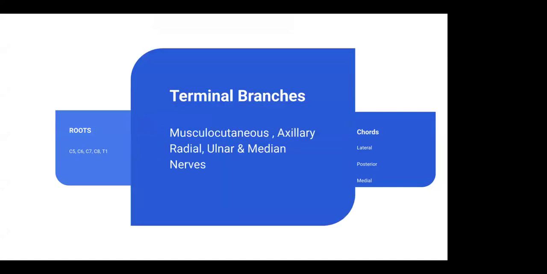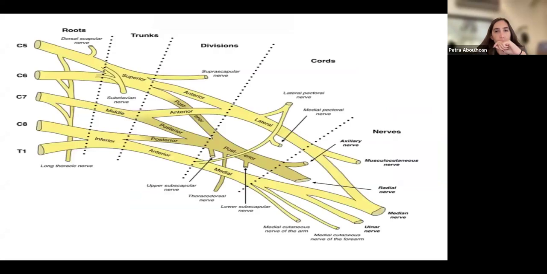Roots, trunks, divisions, and cords. Should I go backward? Now it is better. You can continue from the brachial plexus slide.